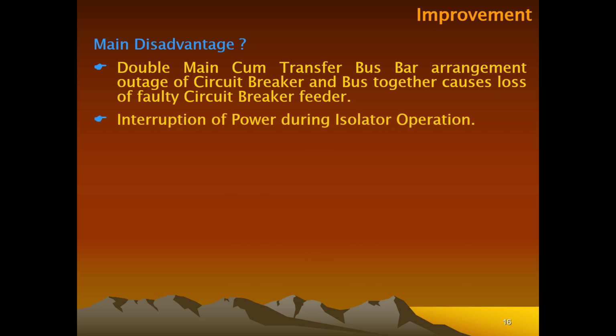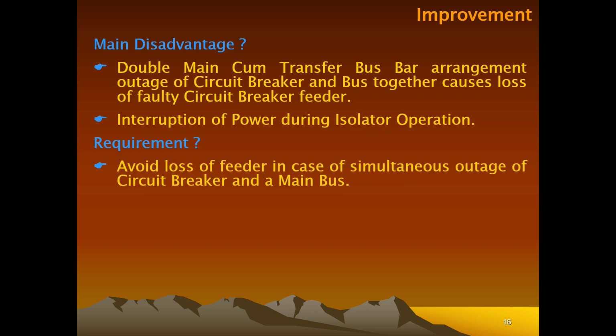The second thing, the requirement. Our requirement is to avoid loss of feeder in case of simultaneous outage of circuit breaker and main bus. So whenever there is a simultaneous outage of circuit breaker and main bus, we don't want an important circuit to lose the power.